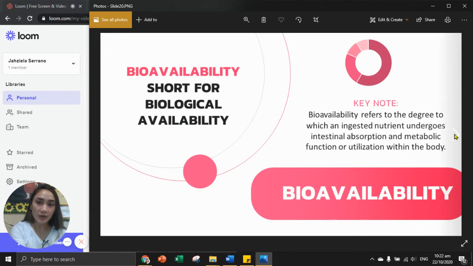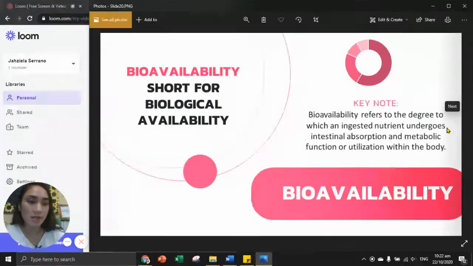Now we talk about bioavailability. So bioavailability refers to the degree to which an ingested nutrient undergoes intestinal absorption and metabolic function or utilization within the body. Bioavailability is short for biological availability.